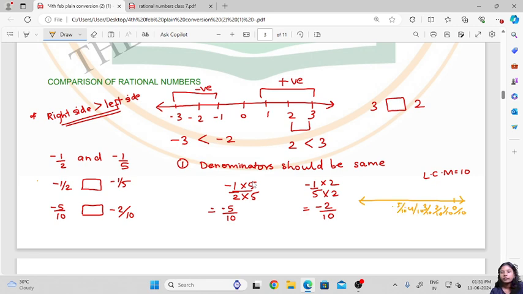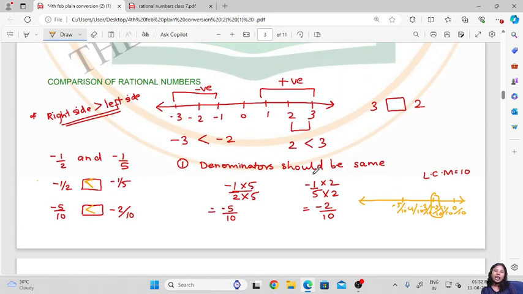All are negative. Now numbers on the right side are always greater. On the right side we have minus 2 by 10. So we can say that minus 2 by 10 is greater than minus 5 by 10. And here also we can say minus 1 by 5 is greater than minus 1 by 2.